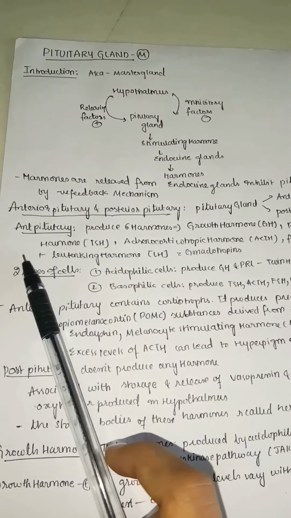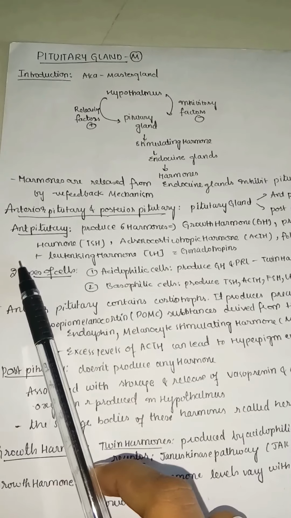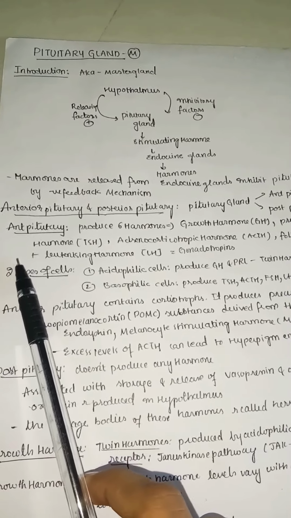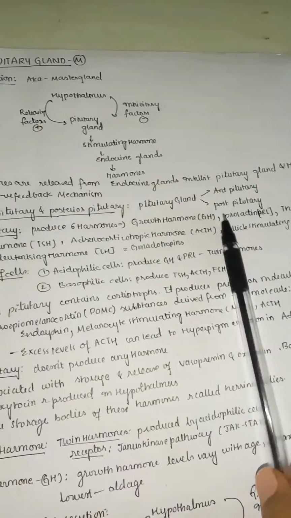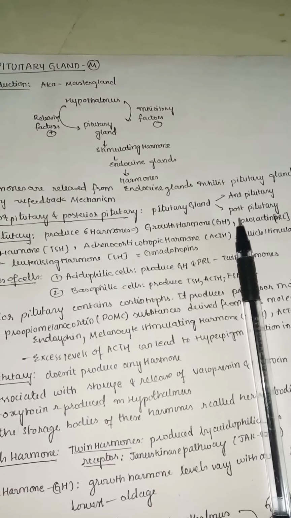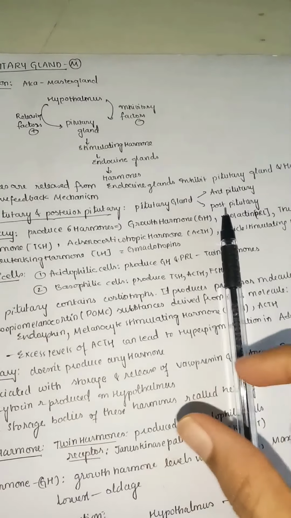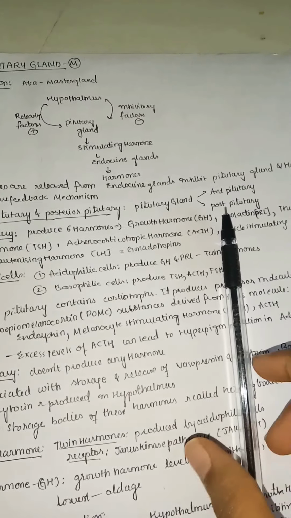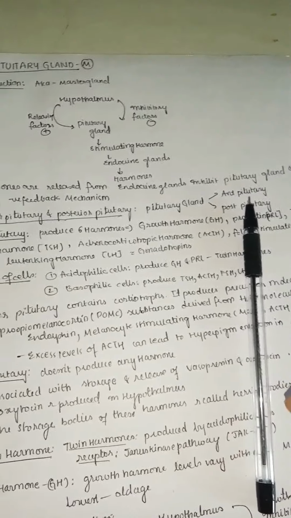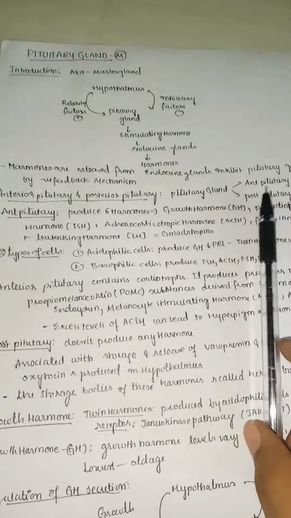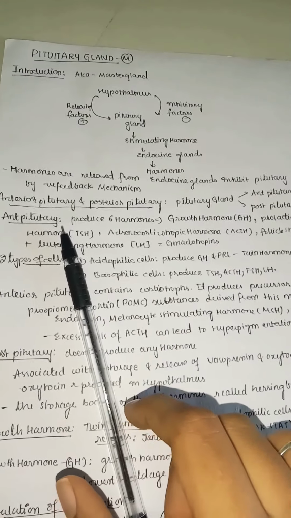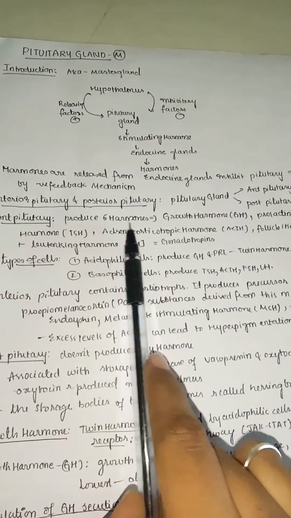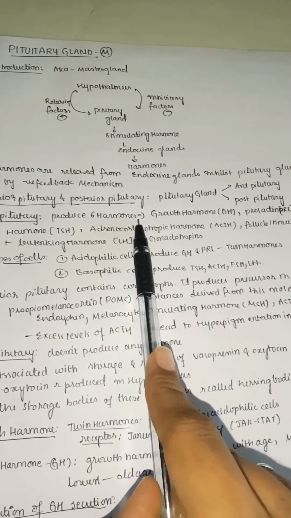Now let us move on to the types of pituitary gland. The pituitary gland is mainly divided into the anterior pituitary and the posterior pituitary. The posterior pituitary has a direct neural connection from our hypothalamus, whereas the anterior pituitary is formed from Rathke's pouch, right? These are the basics. First, the anterior pituitary. The anterior pituitary mainly produces six hormones.